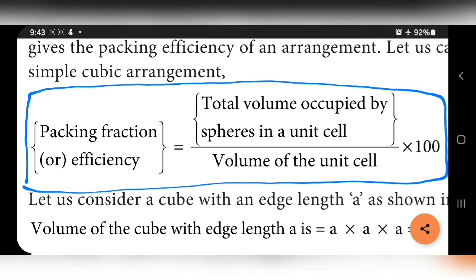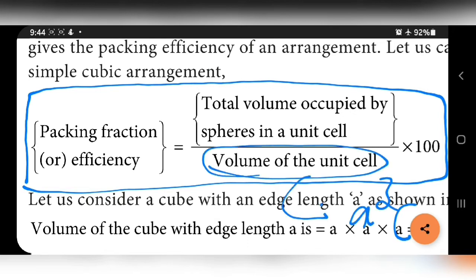Here the unit cell is a cube, so the volume of the unit cell is the volume of a cube. So if we know the total volume occupied by the spheres in the unit cell, we can easily calculate the packing efficiency.